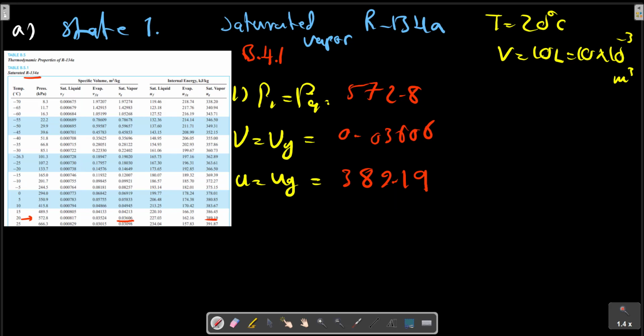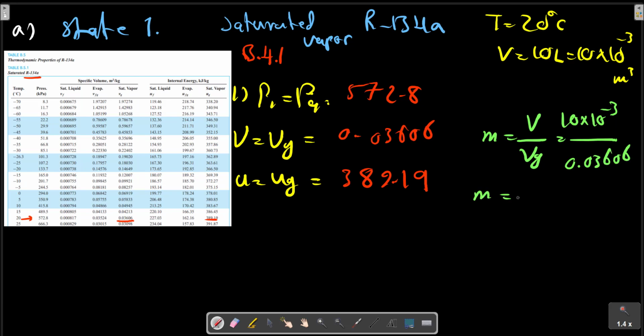In this case we can calculate M equals V over Vg, M equals this many kilograms.